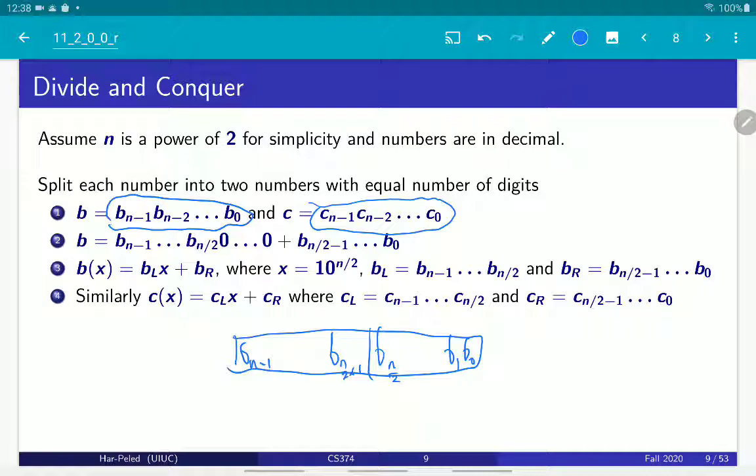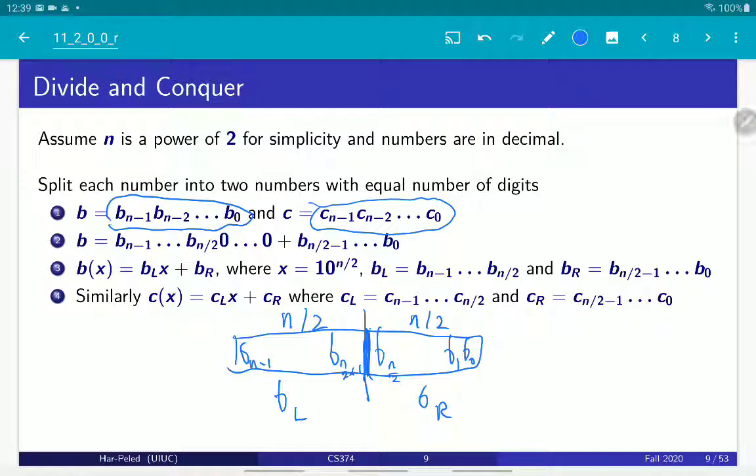We have the number, and we are breaking it in the middle. We just break the array into two pieces. They're going to be the left number and the right number. Those two numbers now have n over 2 digits. Assume n is a power of 2, just to simplify the discussion.